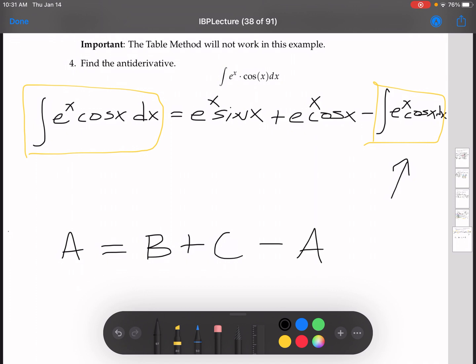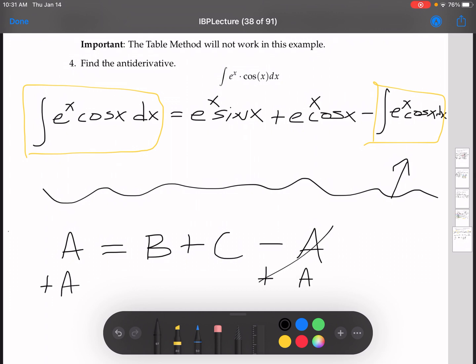If you wanted to solve for a in this case, and this is a completely different example, I just want to show you that if you add a to both sides, those go away, and you get something like 2a equals b plus c, right? So we're going to do exactly the same thing here.